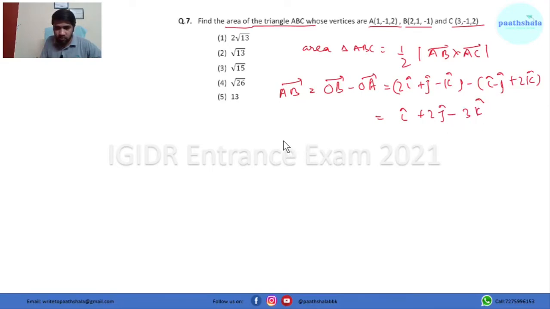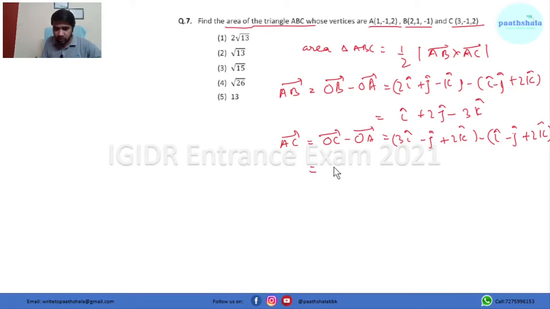Now find the AC vector. So AC will come out to be OC minus OA. OC vector is 3i cap minus j cap plus 2k cap, minus OA vector, which is i cap minus j cap plus 2k cap. Now you can solve it.